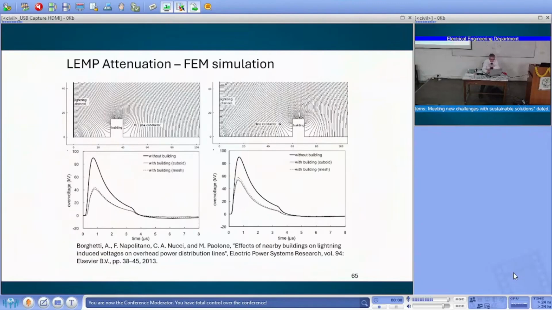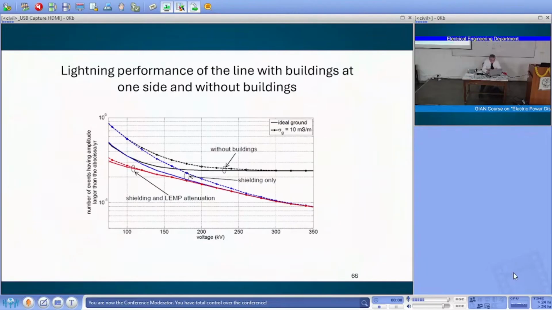So a line with the conductors 10 meters from the ground. And these are the simulation of the attenuation with a FEM simulation. And you see the decrease of the overvoltages, and this is also shown in the statistics.